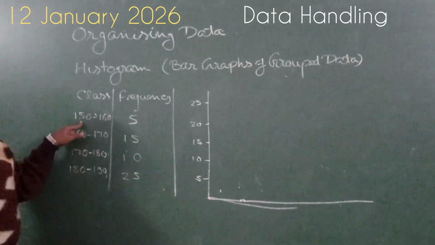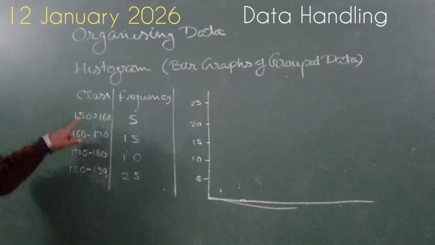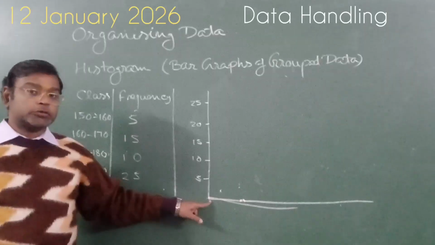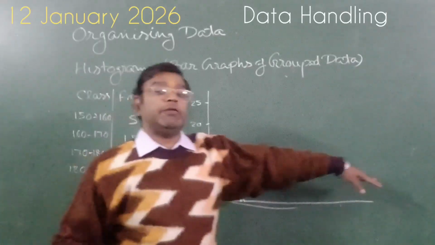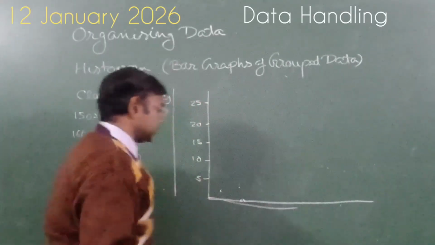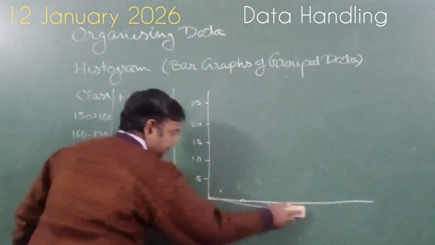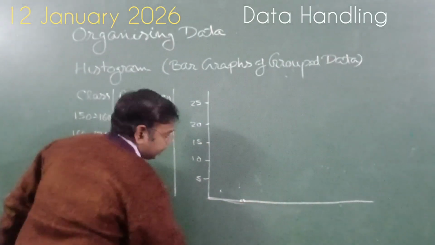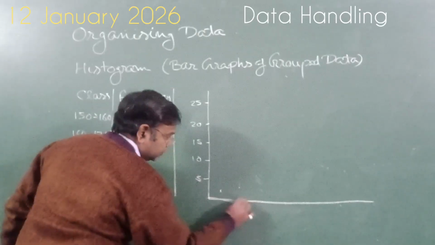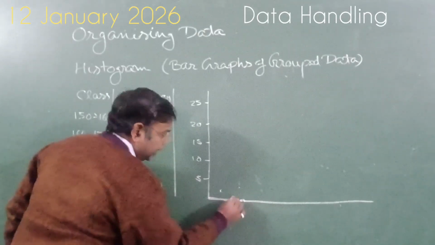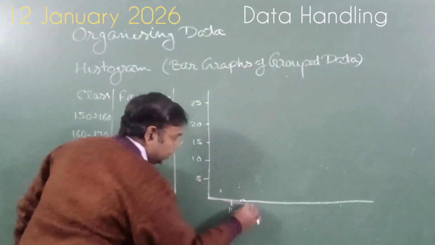Now see this case. It starts from 150 and here we have 0. So what do we do? We start from 50? No. We mark this place as 140.